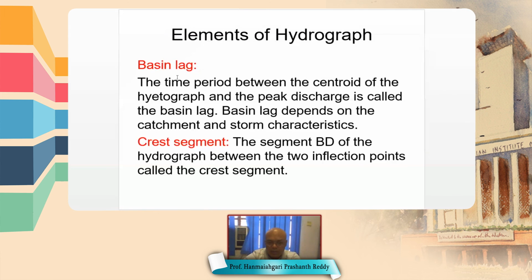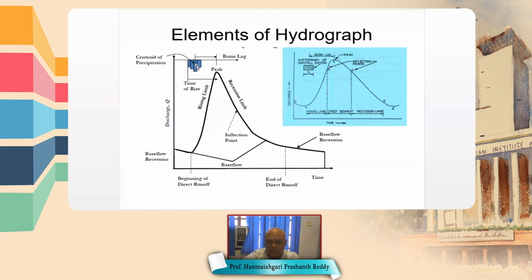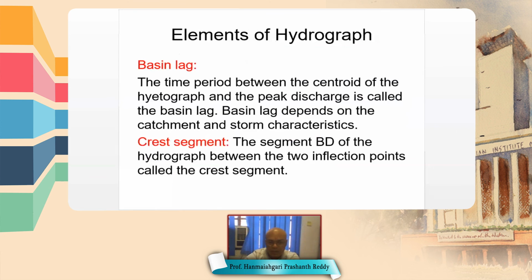Then basin lag. Basin lag is the time between the centroid of the precipitation and the peak discharge. Look at the figure. This circle in this hydrograph is the centroid of precipitation. The time between the centroid of precipitation and the peak of the hydrograph is called basin lag.